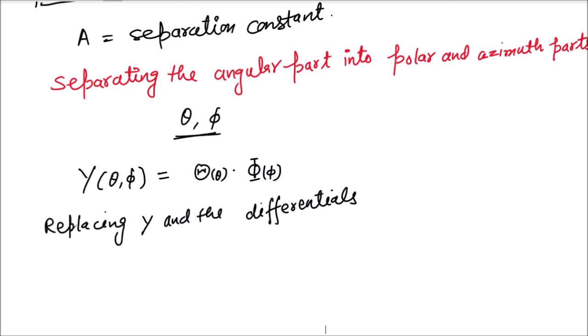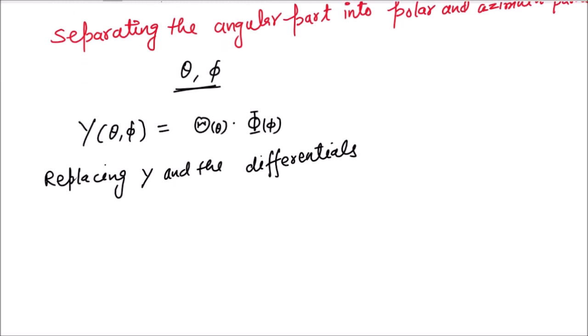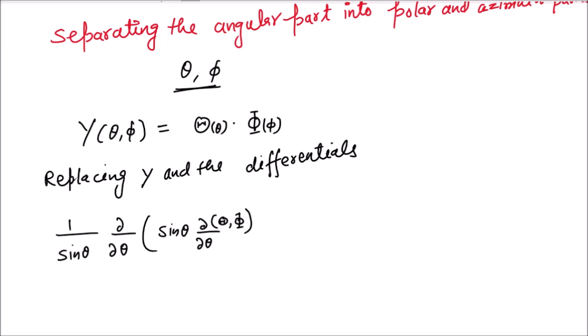So see, we had 1 upon sine theta, 1 upon sine theta partial differential with respect to theta of sine theta and partial differential with respect to theta of function of theta and function of phi, right?